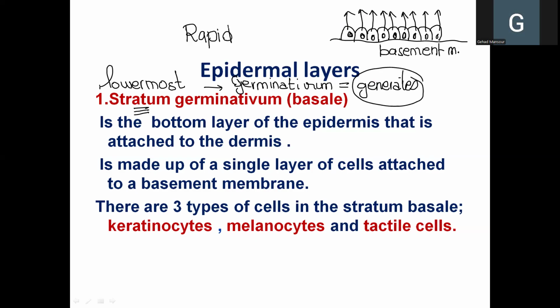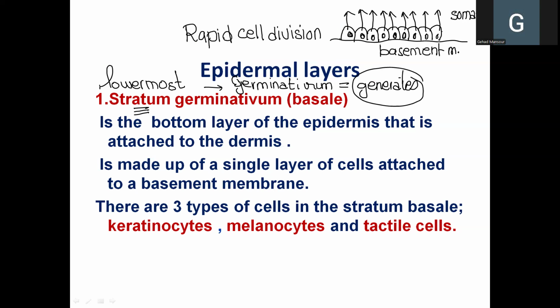And what kind of cell division is it? This cell division should be mitosis because all the generated cells should have the same chromosomal number as the original layers. So these cells are essentially somatic cells. They are not gametes.